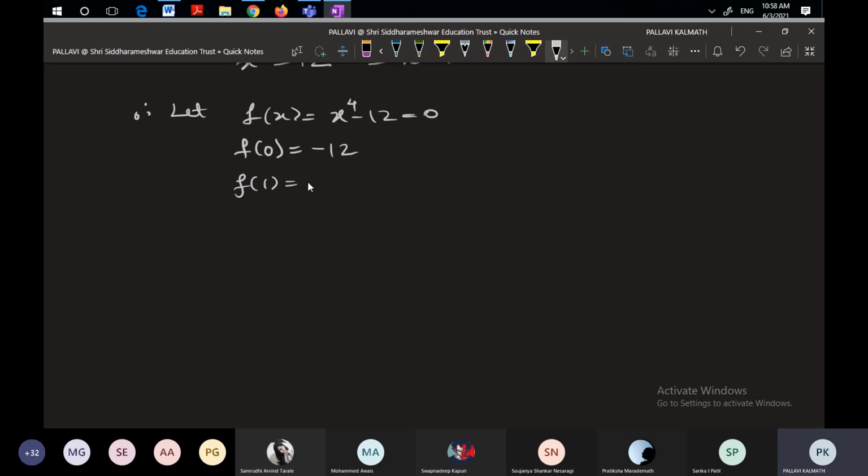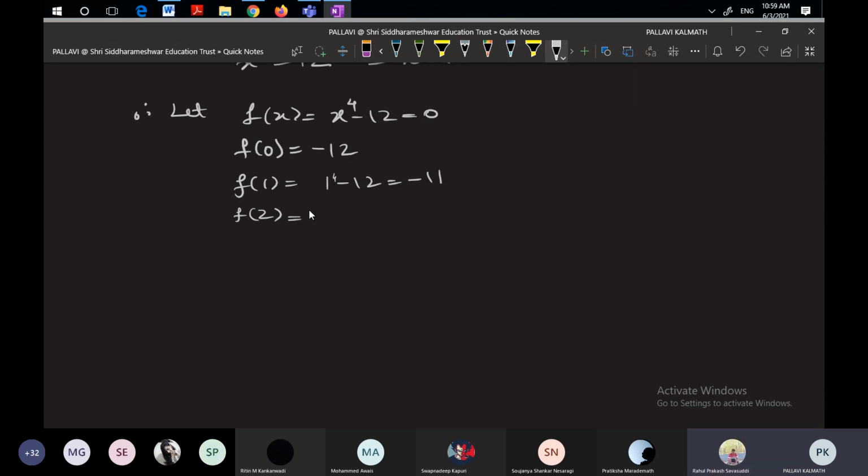I'm asking you, what is f of 1? Minus 11, ma'am. Okay, this is 1 raised to 4, which equals 1 minus 12, which equals minus 11. So minus 11. Whether it was Rohit or Rahul? Ritin, ma'am. Okay, Ritin is present. Rahul is present.